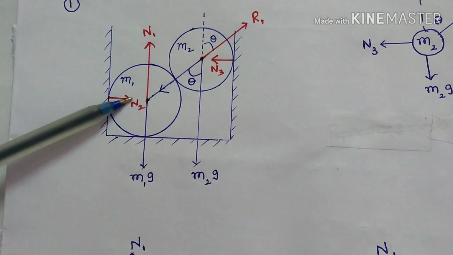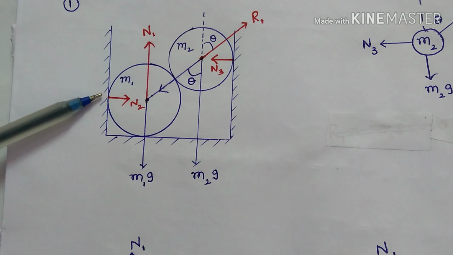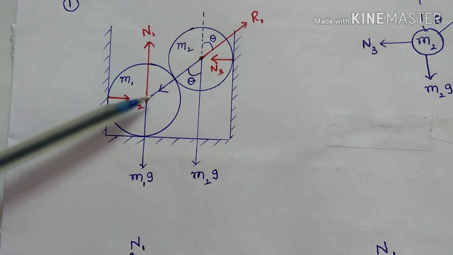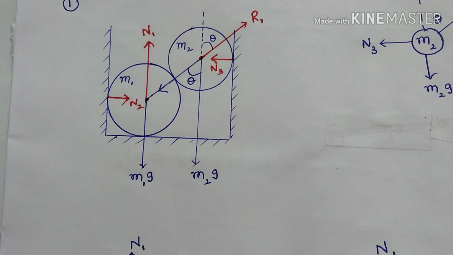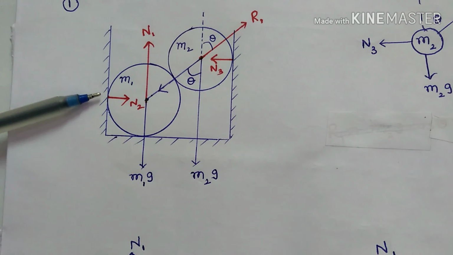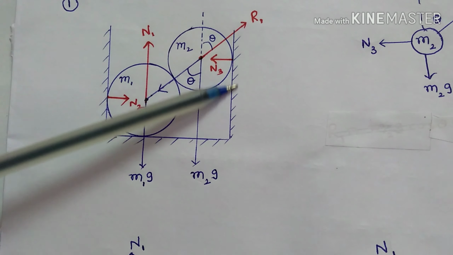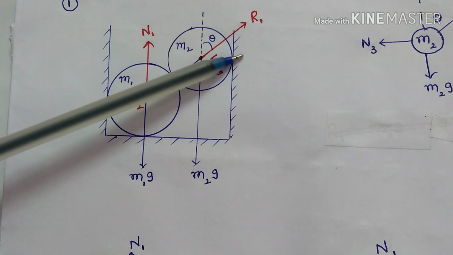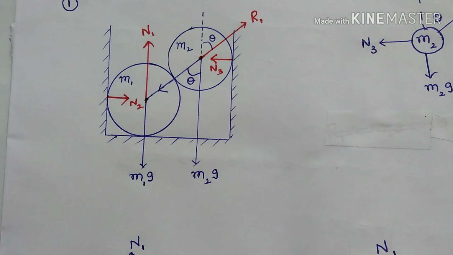So because of the force along this direction, one normal force acts on this M1 along this direction, that is N2. Because of this N2, this surface also exerts a force on M2 along this direction. This is N3. You're understanding?